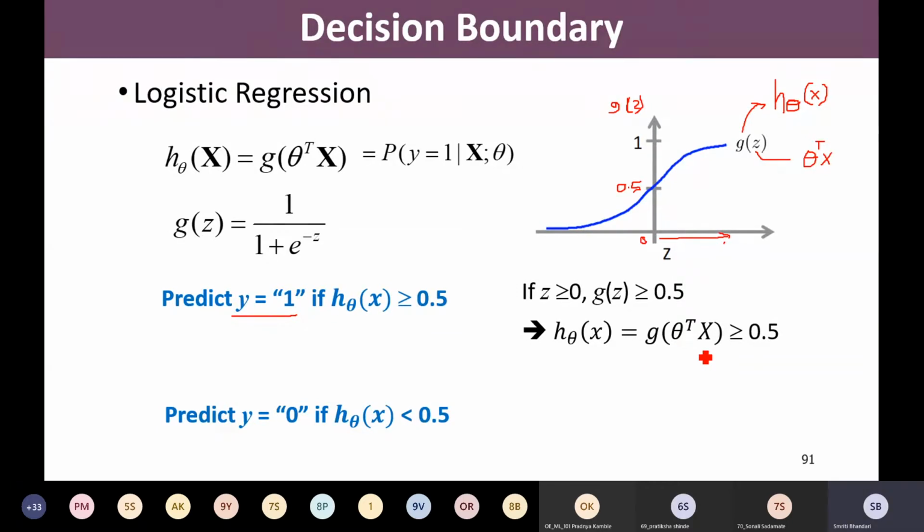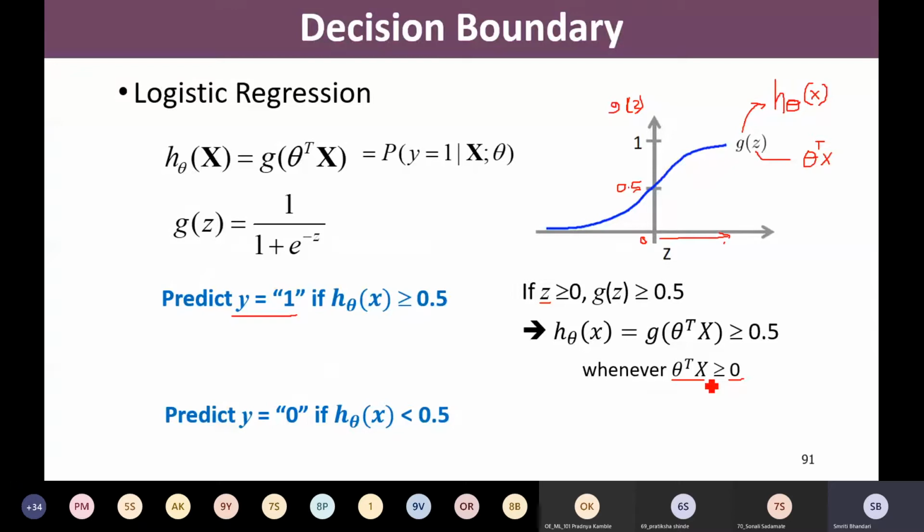So if my z is greater than or equal to 0, then g of z is greater than or equal to 0.5, and I can interpret it in this way also. My h theta x or my g of theta transpose x is greater than or equal to 0.5 whenever my theta transpose x is greater than or equal to 0. So this z is nothing but theta transpose x.